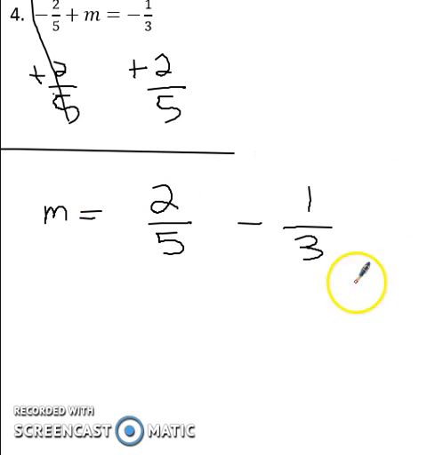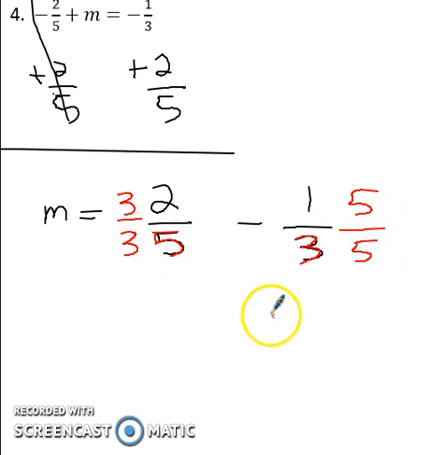We want to subtract, but we can't right now because we don't have a common denominator. So I'm going to multiply 2 over 5 by 3 over 3, because that's what the other denominator is. And I'm going to multiply that negative 1 over 3 times 5 over 5, which is the denominator over here.